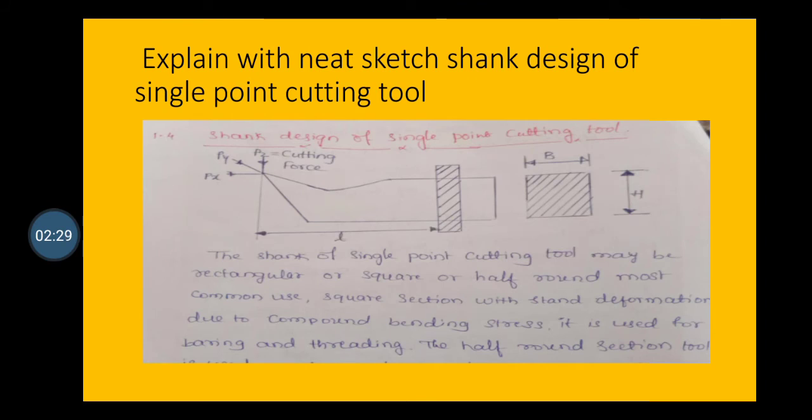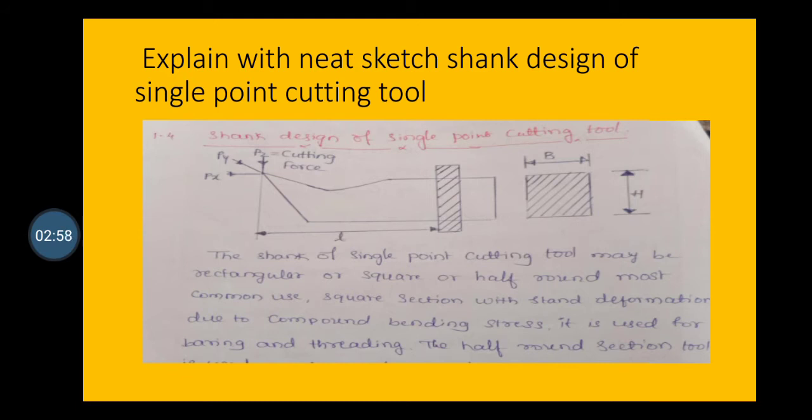Next question: explain with a neat sketch the shank design of a single point cutting tool. In this diagram, the three cutting forces are Px, Py, and Pz, with the breadth and height of the single point cutting tool. The shank of a single point cutting tool may be rectangular, square, or half round, the most common being rectangular.